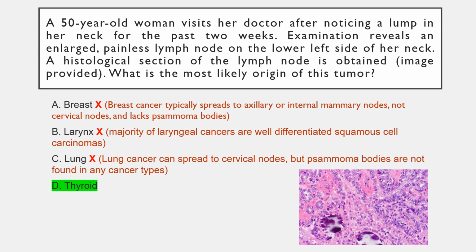Option B is incorrect, as the majority of laryngeal cancers are well-differentiated squamous cell carcinomas. Option C is incorrect, as lung cancer does metastasize to cervical nodes. However, psammoma bodies are not present in any of the cancer types, regardless if it's a squamous or small cell or adenocarcinoma of the lung.